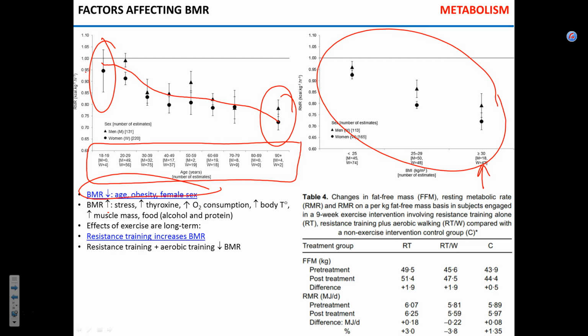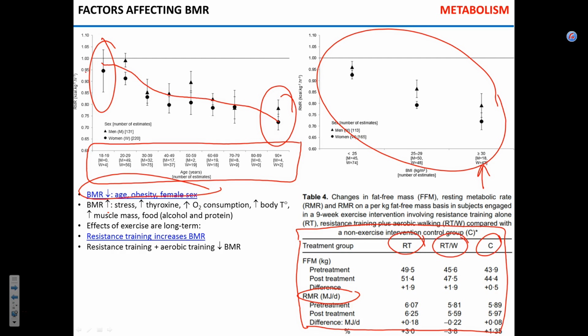Now, this is a really interesting story. That was the study that was looking at the RMR, which refers to resting metabolic rate, and I want you to focus your attention on that particular part. So RT refers to a group that underwent just resistance training. C is control.